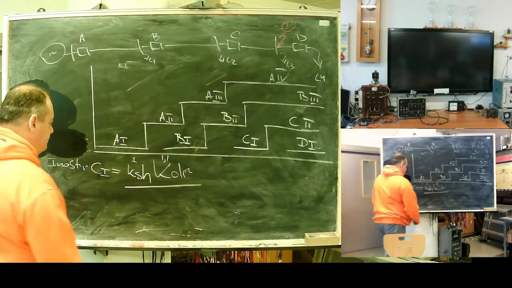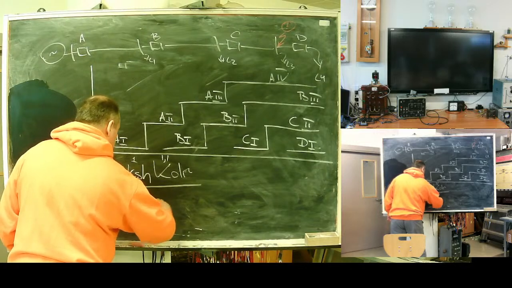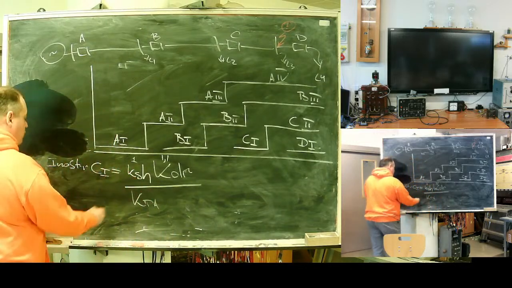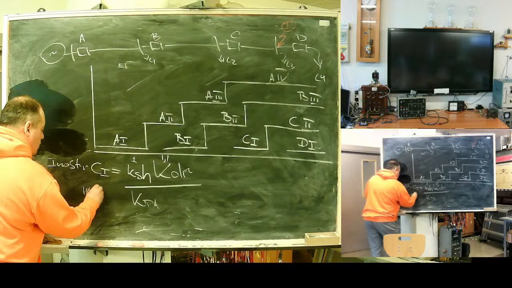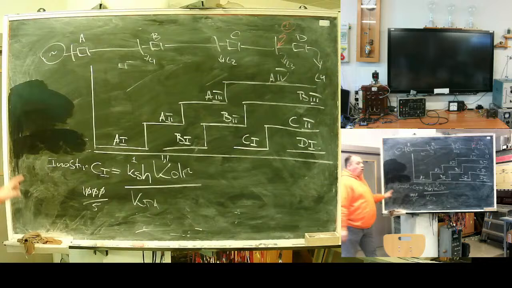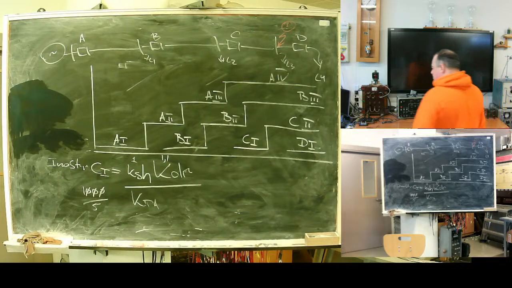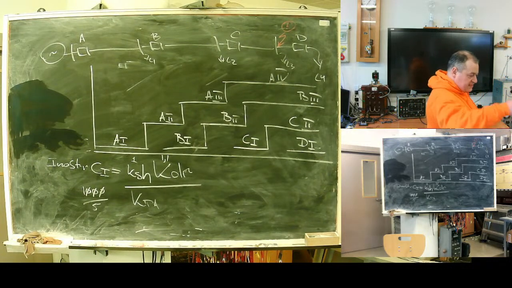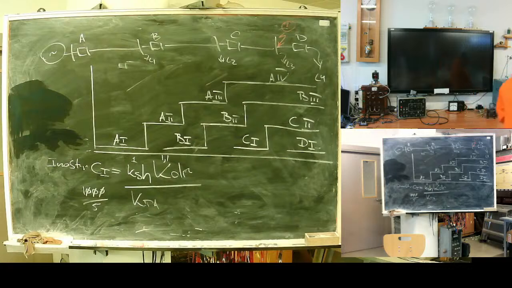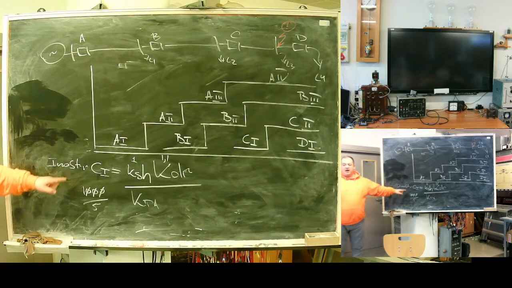Here, the ratio of your transformer, for example, 1000 to 5. Be careful, old style relays had settings in secondary amps. This formula gives me secondary amps.